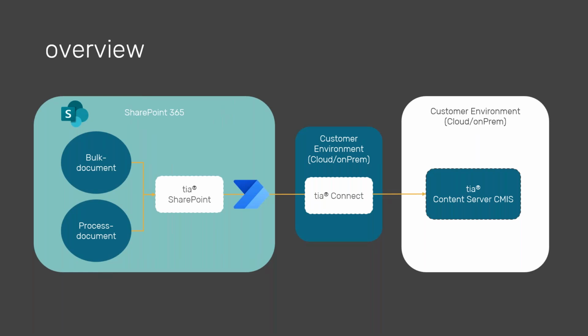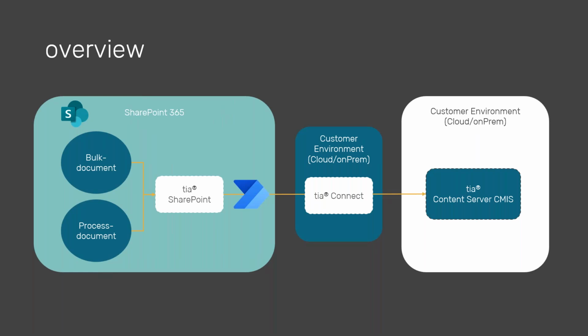The deployment here could be on any premise, for both components, TR Connect and TR Content Server CMIS. So it could be, of course, in your on-prem or hosted environments. It might be the same content server you're using with SAP archiving, but it could also be all in Microsoft Azure, which probably makes sense here because you're coming from SharePoint 365.